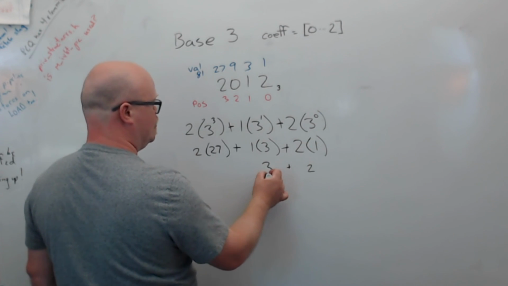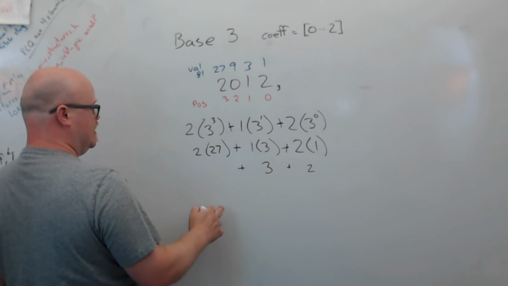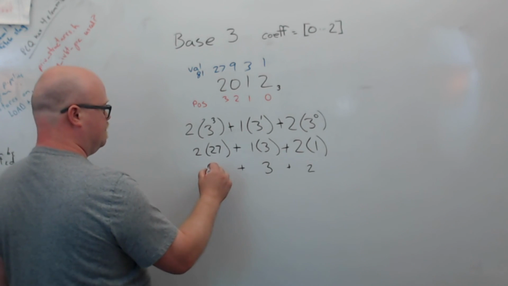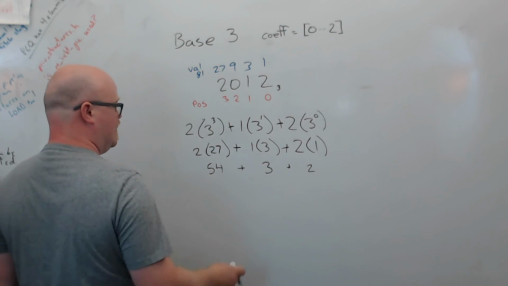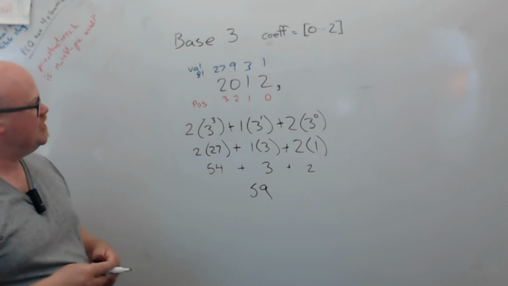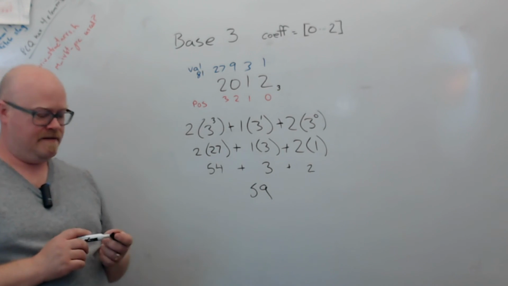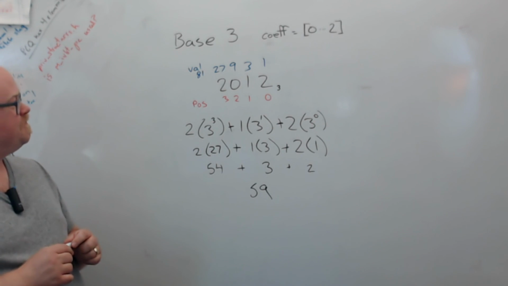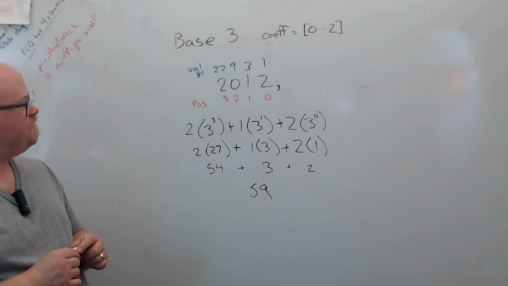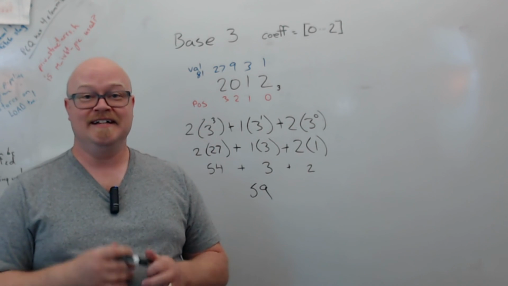This is really 3, so we have 5 altogether. And then this one is, what do we have here? 54. So 54 plus 5 is 59. So 2012 base 3 is the equivalent to 59 hexadecimal. And that's the basics of positional numbers.